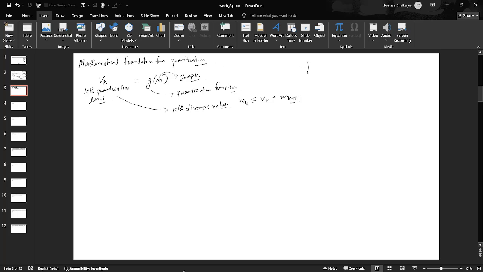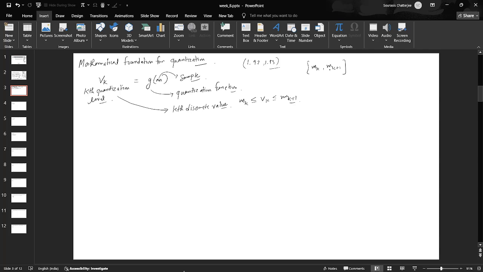Whenever the sample takes a value between mk and mk+1, remember that an interval of this kind always has an infinite number of values between its endpoints. Even for two numbers like 1.92 and 1.95, there are infinitely many numbers inside.